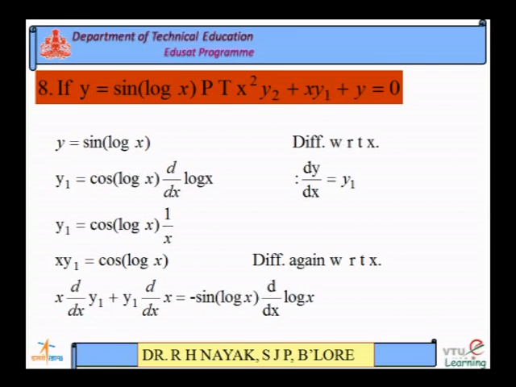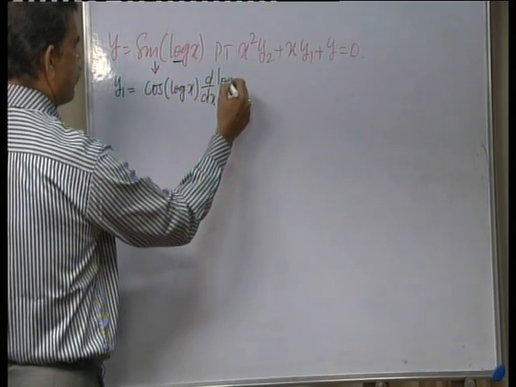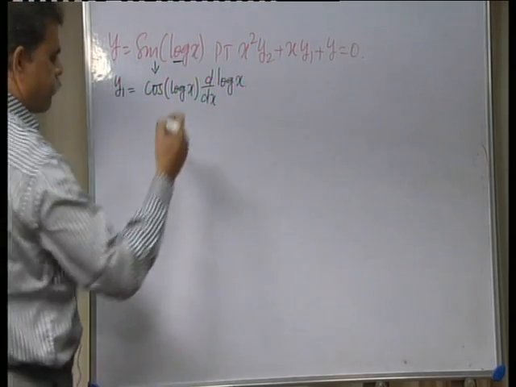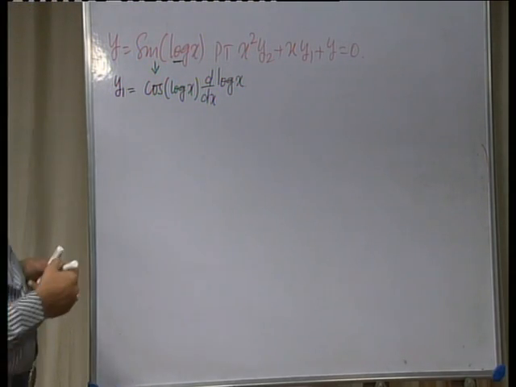You differentiate this, what will we get? y1 is equal to the differentiation of the sine function, which is the cos function, into d by dx of the function log x. Cos of log x into the differentiation of log x.